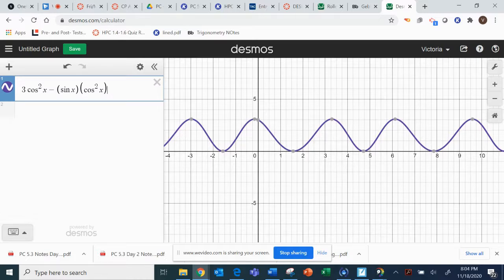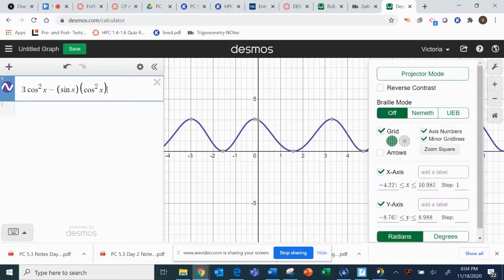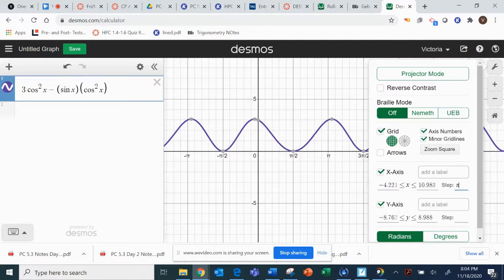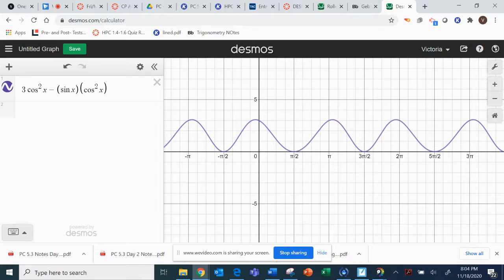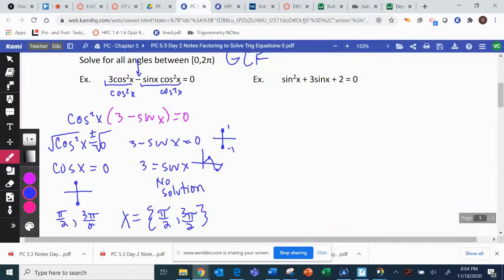You want to use parentheses for that. Otherwise, it doesn't like to work. And then let me fix my graph again so we can look just from 0 to 2 pi. From 0 to 2 pi, we've got x-intercepts at pi over 2 and 3 pi over 2. So now I know that I've done it correctly.